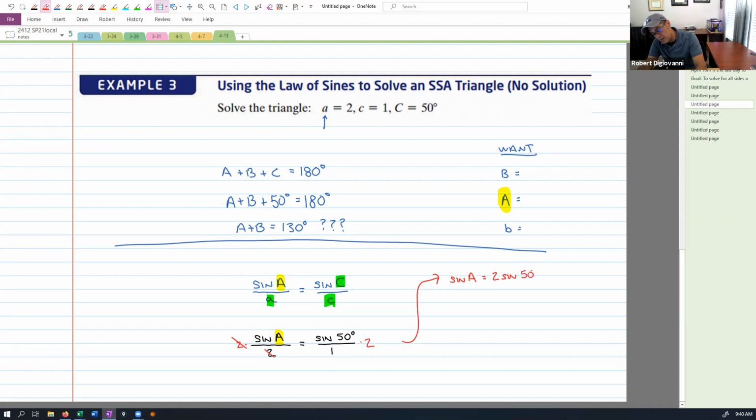Please do not make that sine of 100 degrees. That 2 is never allowed to go inside like that. It just slaps out front. So go ahead now, do 2 times sine of 50. Someone want to give me that? 1.53.